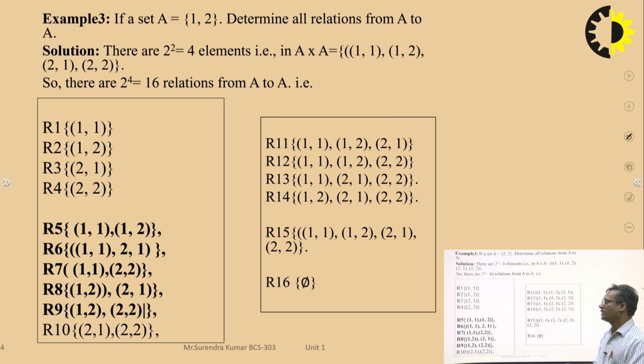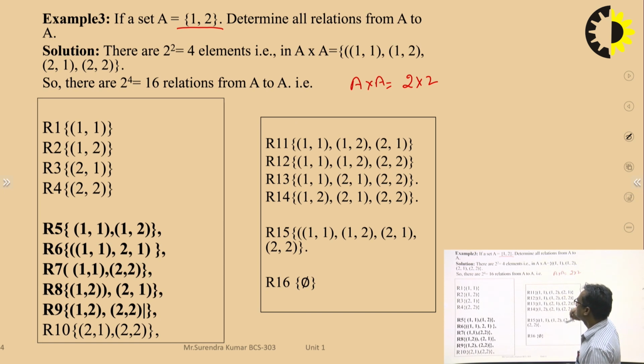For example, if you have a set A which contains two elements, 1 and 2, determine all relations from A to A. First of all, we want to know how many relations can be generated with the help of this set A. 2 cross 2 will be the number of elements in the Cartesian product A cross A, that is 4. And the number of relations is 2 raised to the power 4, which is 16 relations that can be created with a set A having only 2 elements.